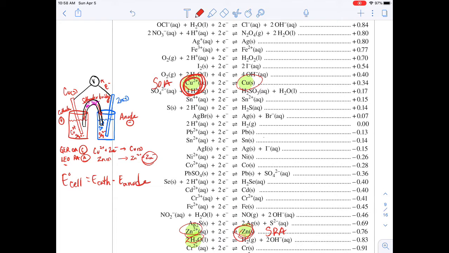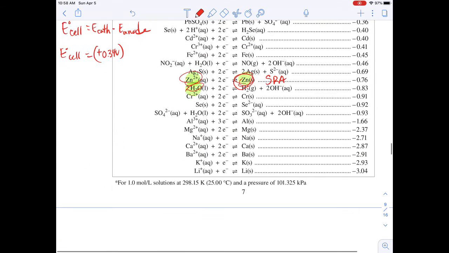And so off of this table, I can calculate the E cell by taking the cathode, which is the copper, and its voltage is positive 0.34 volts. And my zinc down here is negative 0.76 volts, so minus negative 0.76 volts. And this is going to give me a positive 1.10 volts.